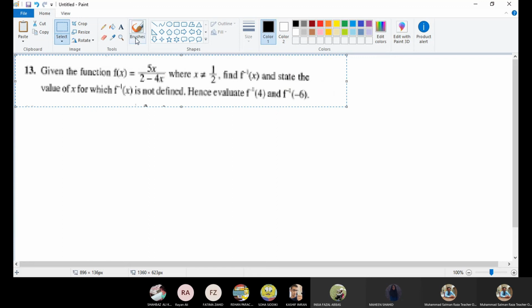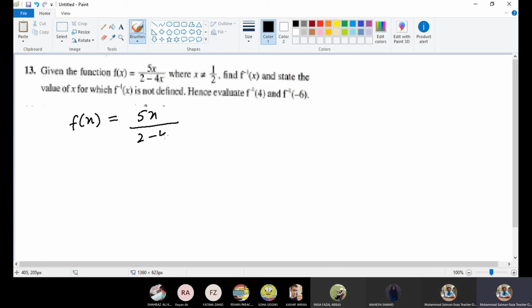It's given that f of x is equal to 5x upon 2 minus 4x, where x is not equal to half, which means you cannot put half in place of x over here.